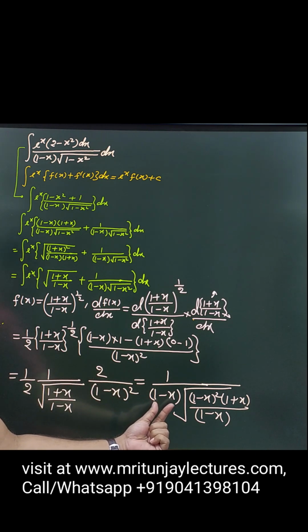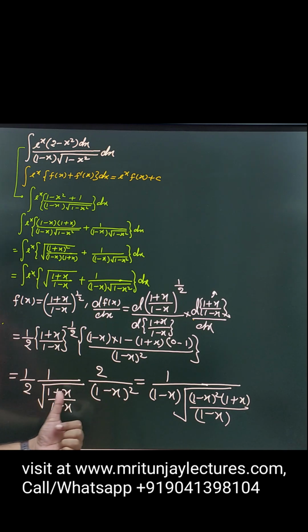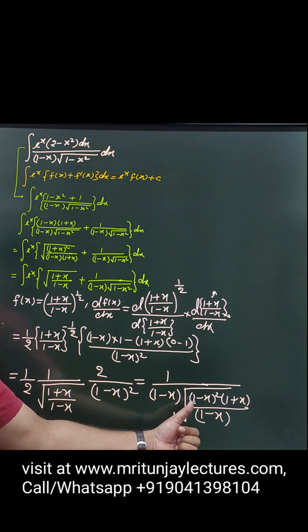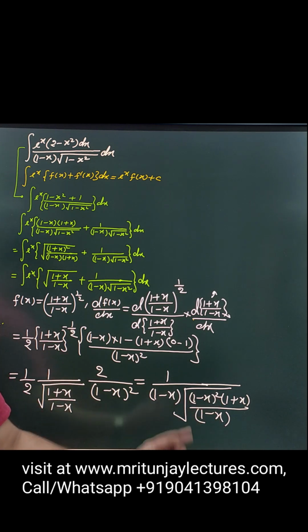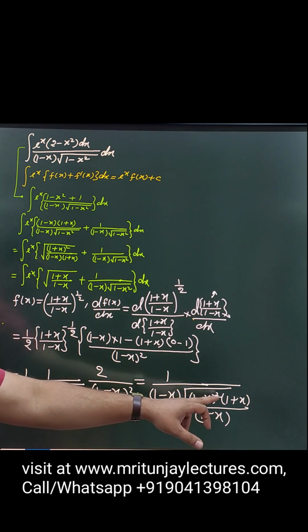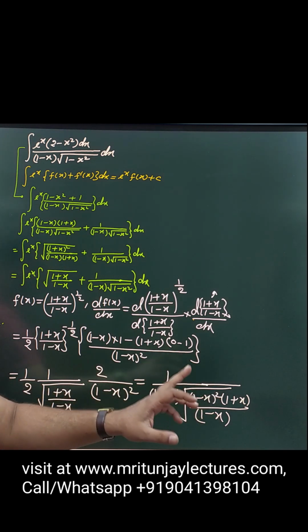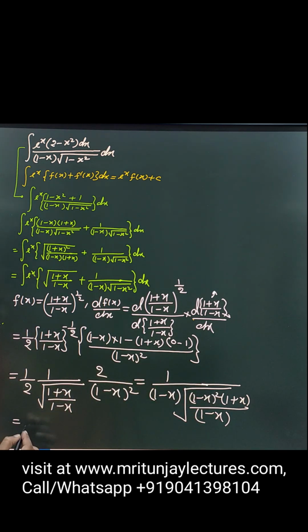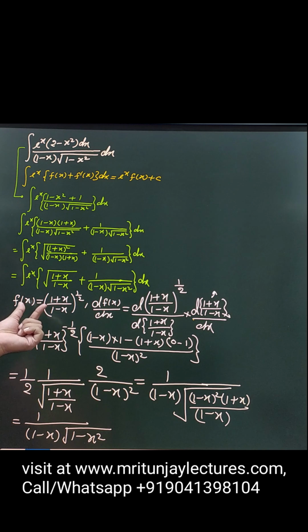The first 1 minus x is written like that, and the second 1 minus x goes under the root, so it becomes (1 minus x) whole square. What is the advantage? The power and the root cancel, so we get 1 upon (1 minus x) into under root (1 minus x square). So if you see very carefully, this is f of x and that is its derivative. I hope it is clear.